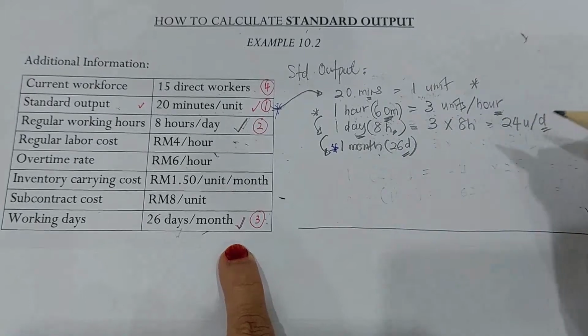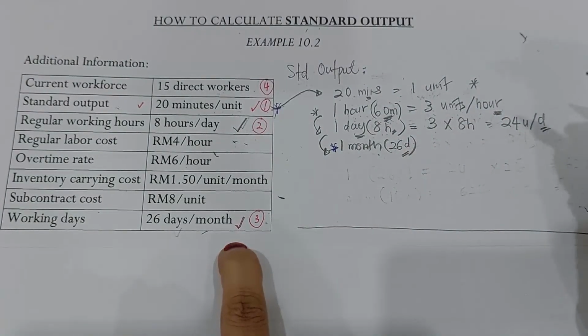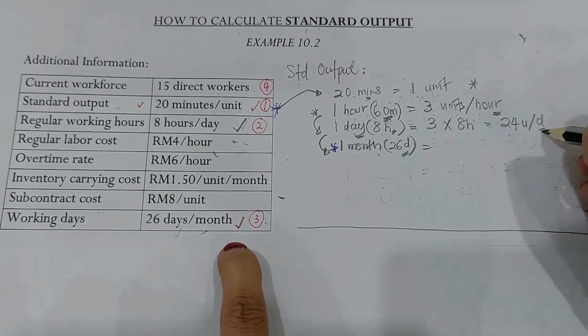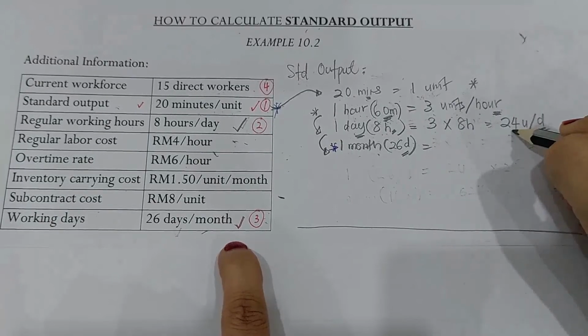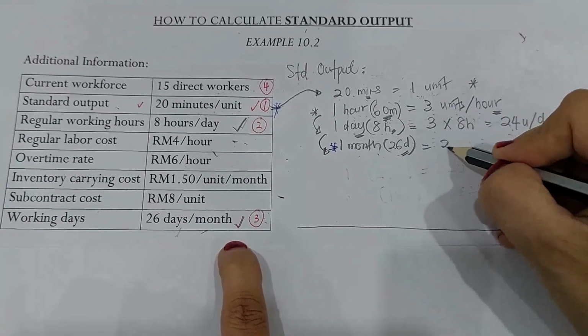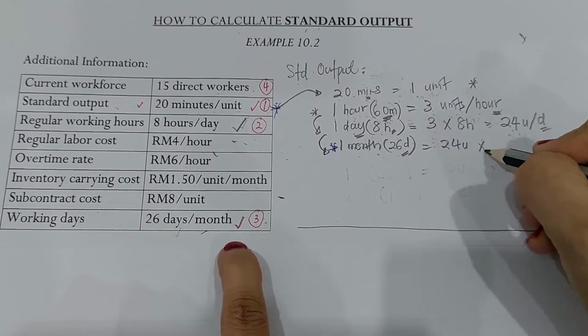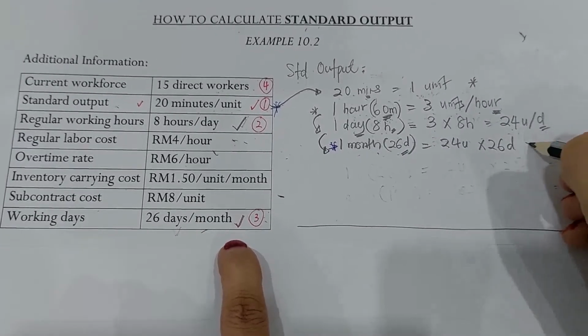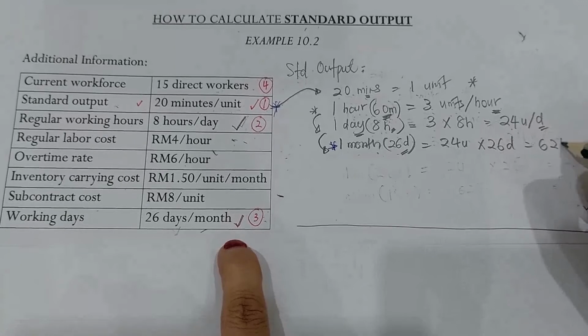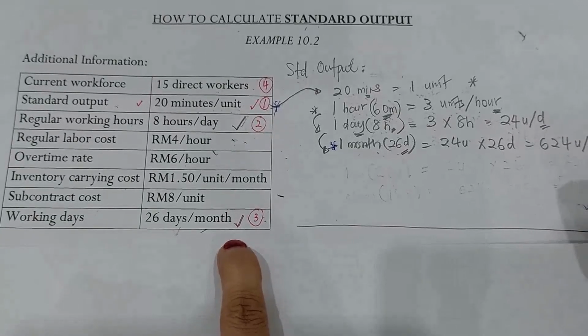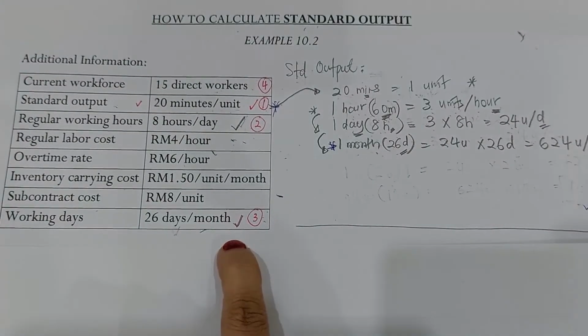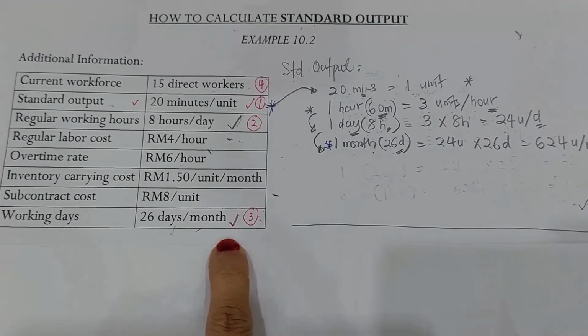Again, this one you cannot assume. You have to search in the additional information. So if 1 day the company is able to produce 24 units, what about 26 days? So 24 units per day multiply with 26 days, then we will get 624 units per month. Okay, 624 units per month.